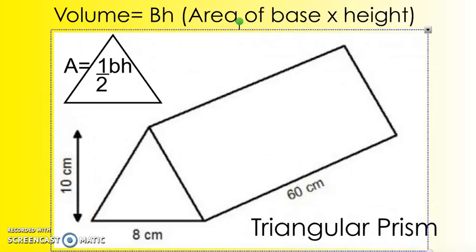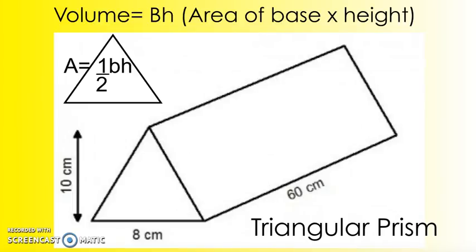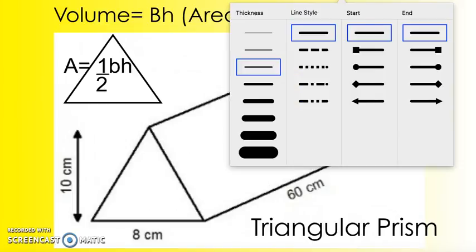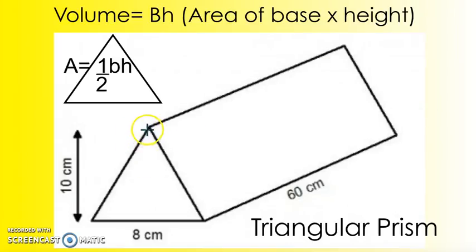Because what they did is they actually took the height for us. They figured out what the height is, and instead of drawing a dotted line, they drew it on the outside of the figure. So they're telling us that this height, because it's straight up and down and it's from base to the top, is 10. Okay, so let's figure this out.